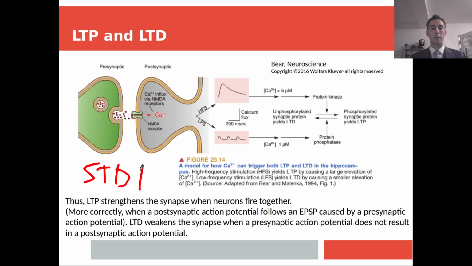I don't talk about that in more detail here, but that is one other type of learning that maybe is a type of LTP. The opposite, LTD, weakens the synapse when a presynaptic action potential does not cause a postsynaptic action potential. Or, in other words, the postsynaptic cell is not activated, but the presynaptic cell is.